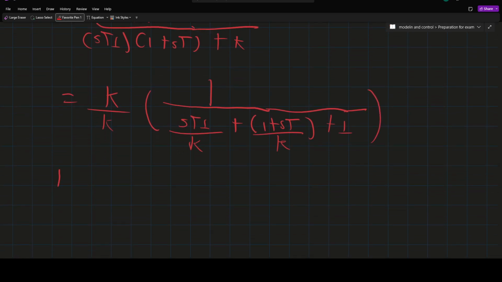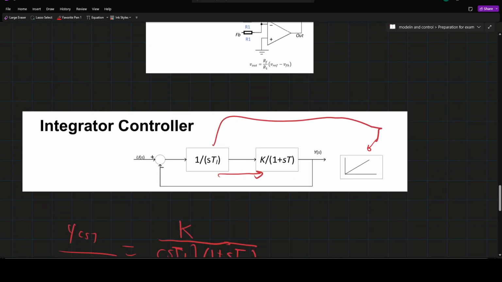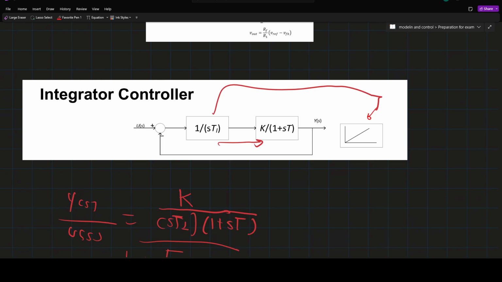Now if we apply the limit of y(t) as t approaches infinity, this becomes 0, and this becomes 0, so we're just gonna get 1 over 1, and this is 1. So this is the final value for our integral controller.